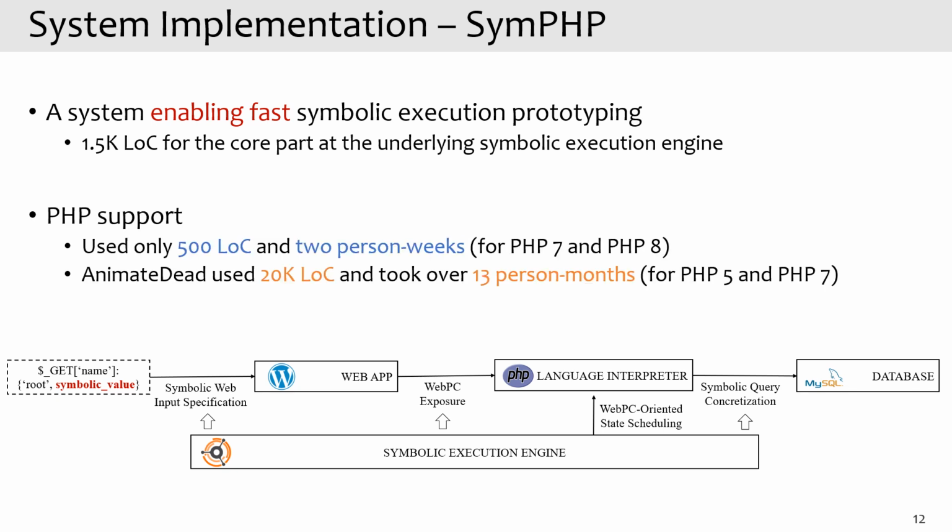At the same time, we provide support for PHP using around 500 lines of code and 2 person-weeks to expose the web PC values from the PHP interpreter to the underlying symbolic execution engine, which can then analyze the exposed web PC values and perform the basic program searches. In comparison, the state-of-the-art solution used around 20,000 lines of code and over 13 person-months to support 2 versions of PHP.